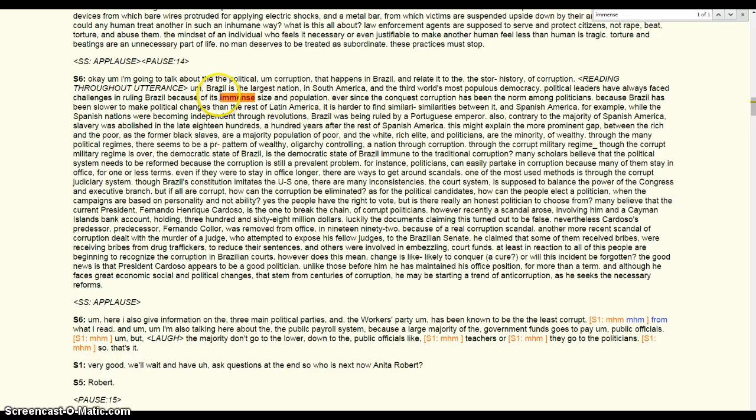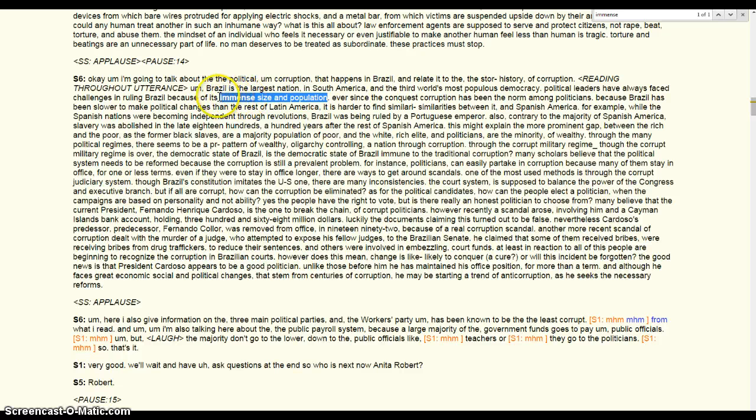So first, what part of speech is immense? Right, it's an adjective. Okay, and now we need to figure out what it means. This word is describing size and population. If we look up in this text, we see Brazil is the largest nation in South America and the third world's most populous democracy.